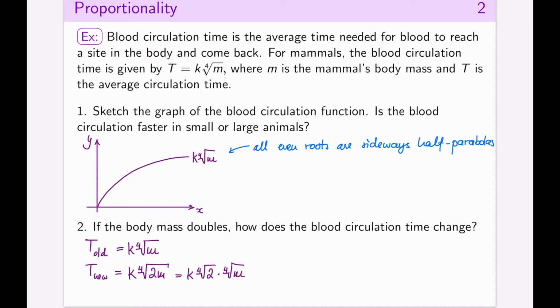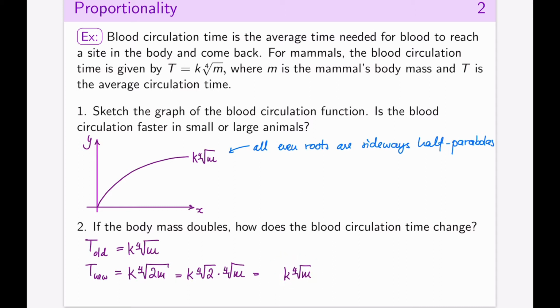Now remember that what we actually want to do is compare the new blood circulation time to the old. So I'm going to look for these values inside my new expression, and I can see them appear here. So I'm just going to reshuffle this a little bit and flip the order of the last 2 items. I'm going to have K times the fourth root of M. Actually, I'm going to put this second.